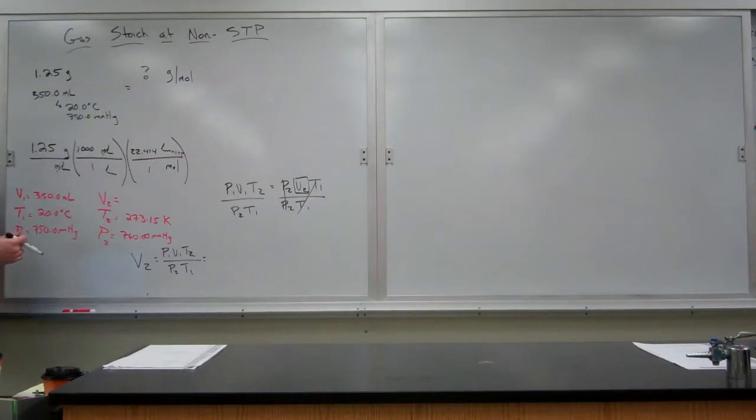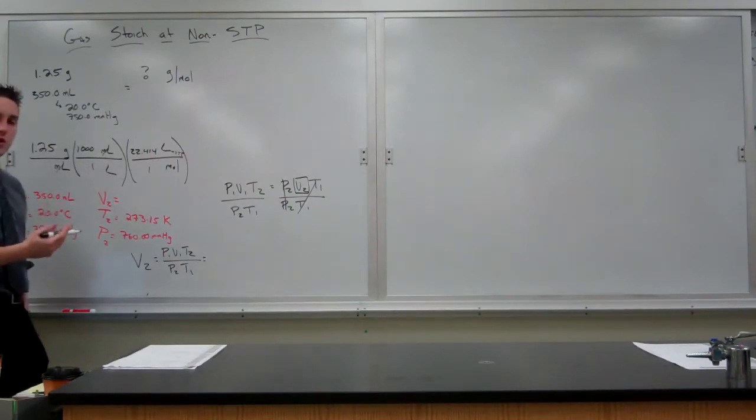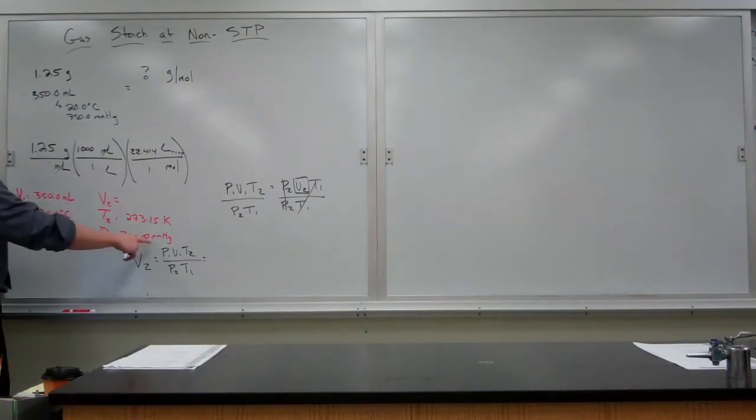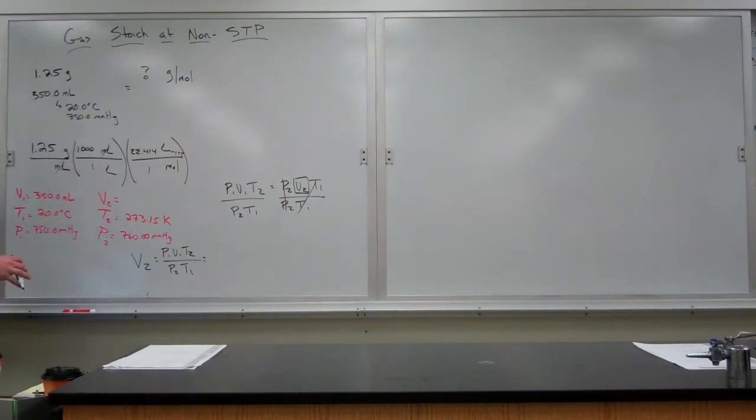Before I can plug that in, I always make sure that my units match and my temperature is in Kelvin. If you take a look, pressure, millimeters of mercury matches. Temperature, degrees Celsius and Kelvin, doesn't match, nor are they both in Kelvin. So I'm going to change the degrees Celsius into Kelvin by adding 273.15.